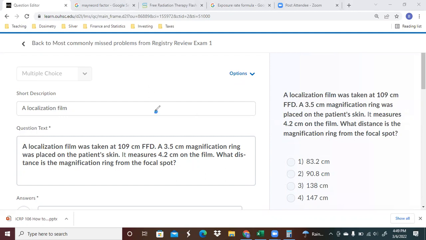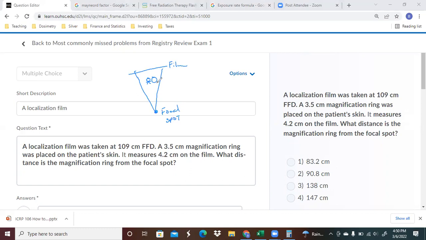So, start off here, you've got your focal spot. Branches out from here. Strikes patient here. And then you've got the size of the ring here, and then you've got the film out here. That ring has a certain dimension, a certain size.